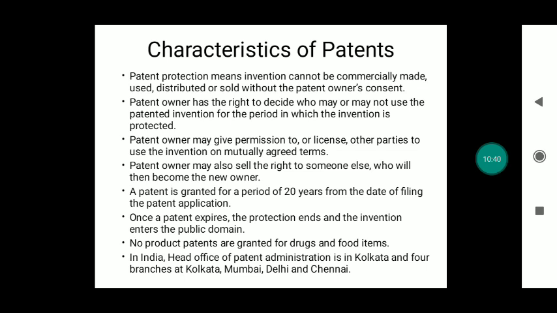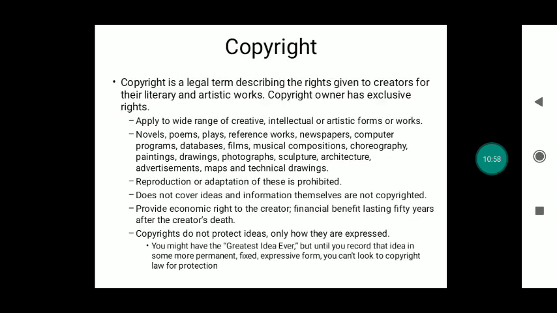The patent owner may give permission to or license other parties to use the invention on mutually agreed terms. The patent owner may also sell the right to someone else who will then become the new owner. Those are the different characteristics. Copyrights.